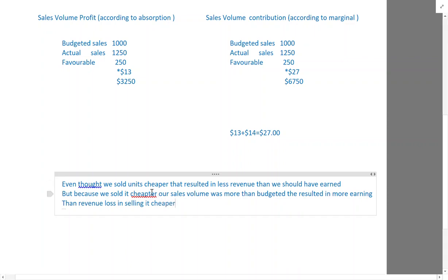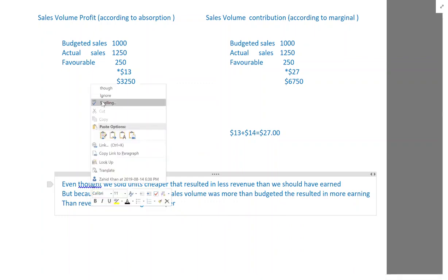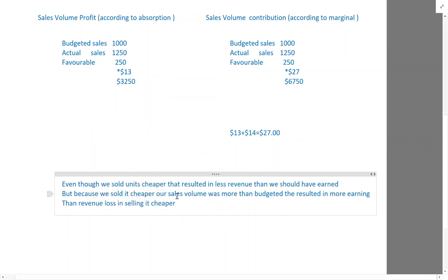Okay, does it make sense? Even though we sold units cheaper, that resulted in less revenue than we should have earned, but because we sold it cheaper, our sales volume was more than budgeted. That resulted in more earning than revenue loss in selling it cheaper.